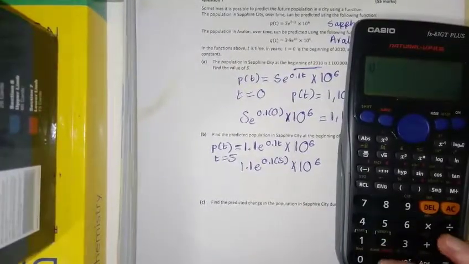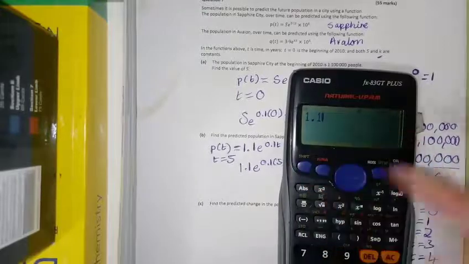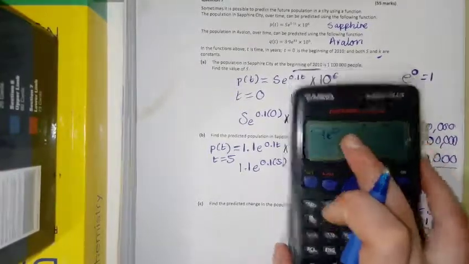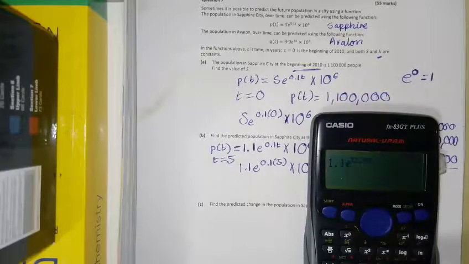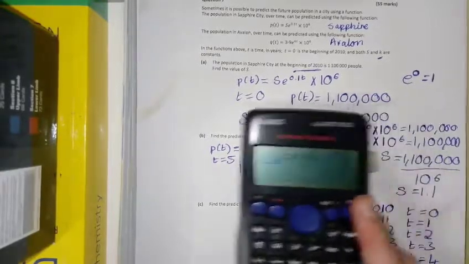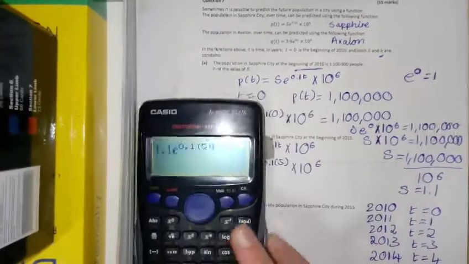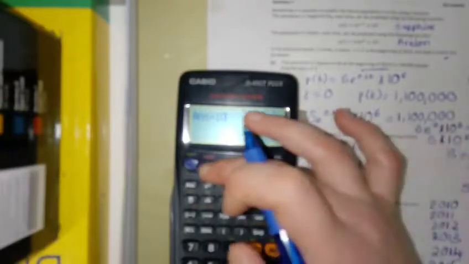So 1.1, and then e is our natural exponential function, to the 0.1 times 5, and then we multiply this by 10 to the power of 6.